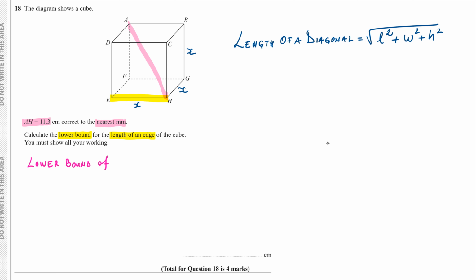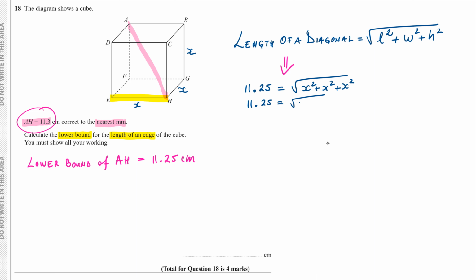The lower bound of the diagonal AH is 11.25 centimeters. Replacing the values in the formula, we have 11.25 equals square root of x squared plus x squared plus x squared. Simplifying this, 11.25 is x square root of 3. Dividing across by square root of 3, we have our final answer. x is equal to 6.495190528.